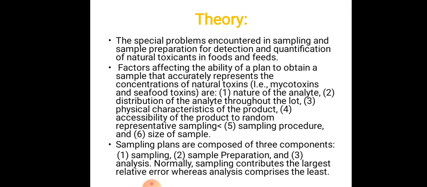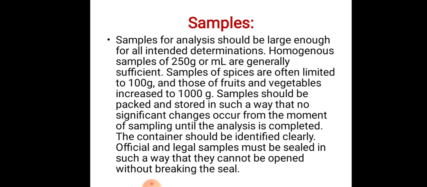Sampling plans are composed of 3 components. First one, sampling, next sample preparation, next analysis. Normally, sampling contributes the largest relative error, whereas analysis comprises the least. Samples for analysis should be large enough for all intended determinations.